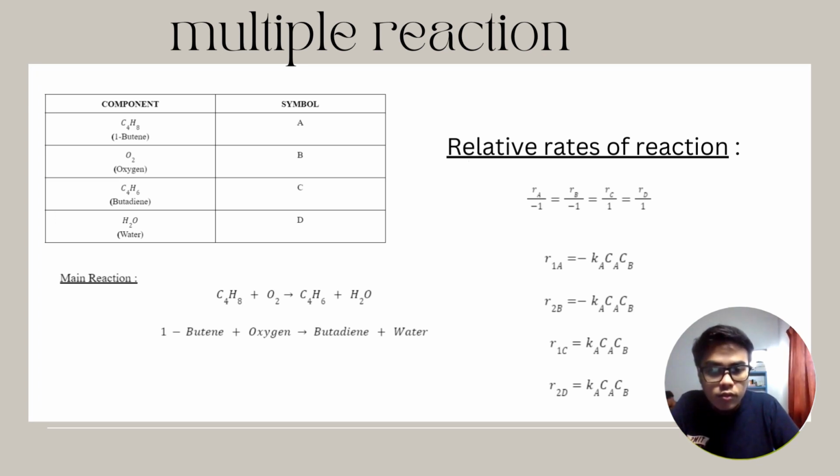Our rate of reaction for A is r1A equal to negative k CA CB, while for B, our reaction rate is r2B equal to negative k CA CB. For C it is r1C equal to k CA CB. And lastly for D it is r2D equal to k CA CB.